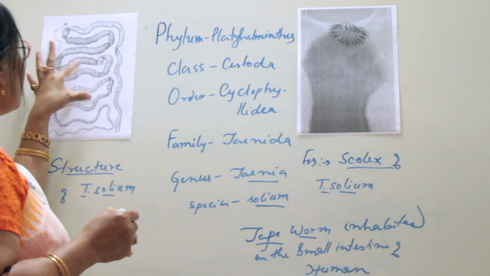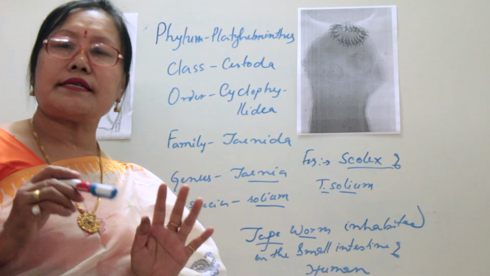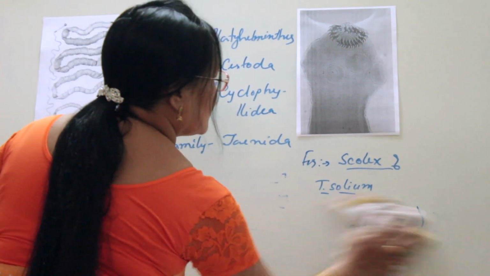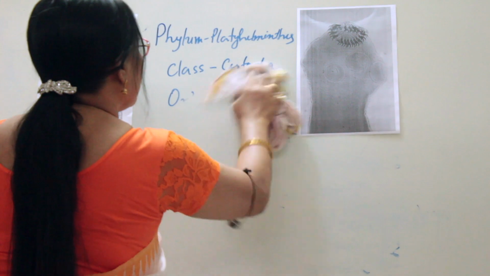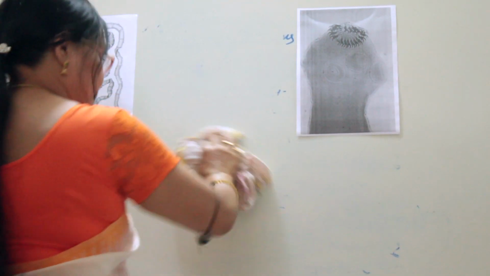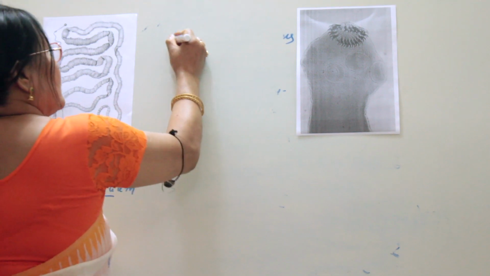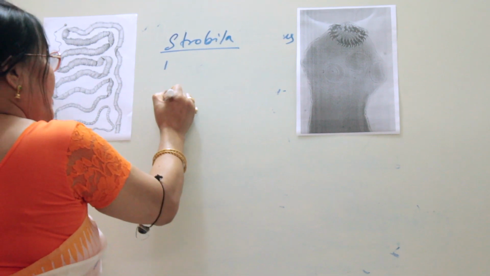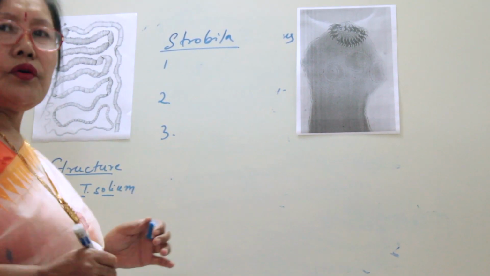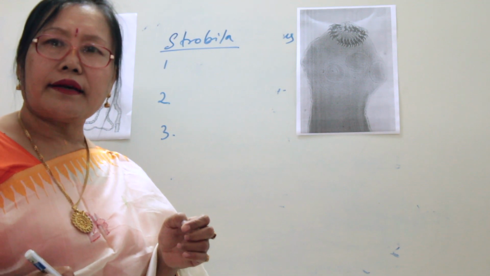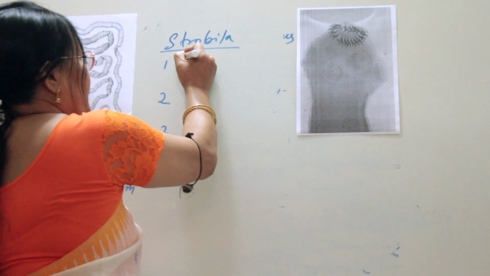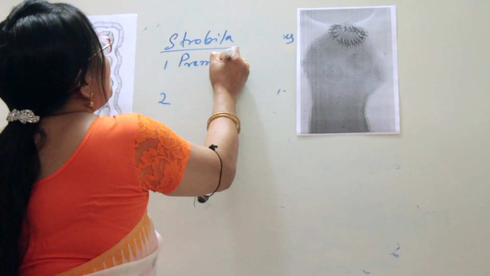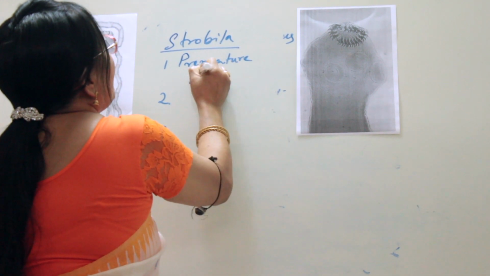In the strobila, the segments are again divided into three parts. The first part, which is near the neck region, is known as the premature proglottids.